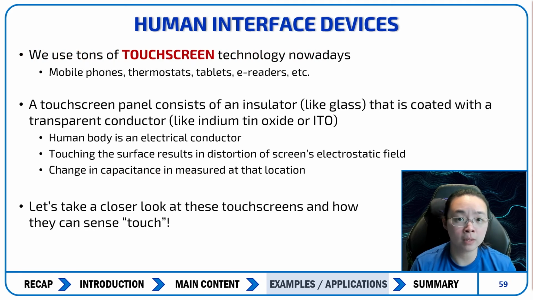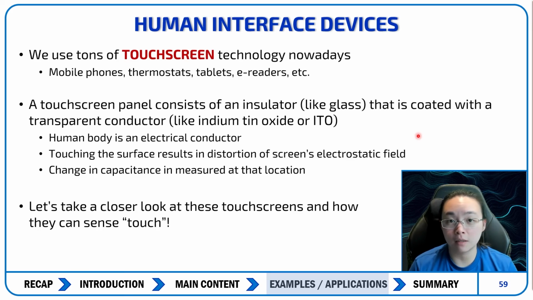When we're looking at human interface devices, we take a look at touchscreens because that's something that everybody uses nowadays. We use them for computers, for mobile devices, games, even learning. So a touchscreen panel consists of an insulator, like glass, that's coated with a transparent conductor, like indium tin oxide, commonly abbreviated to ITO.